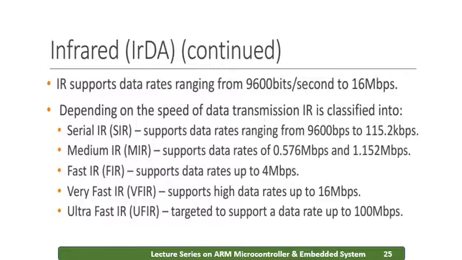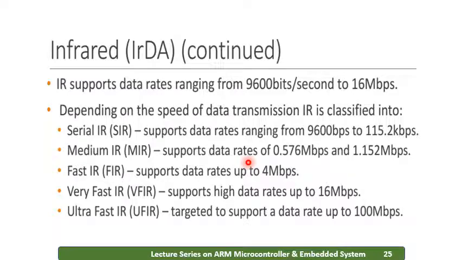So an IR device ranges with a data rate of up to 9600 bits per second to 16 Mbps. And depending upon the data transmission, it can be classified into different types. One is called serial IR. It supports from 9600 to 115.2 kbps.